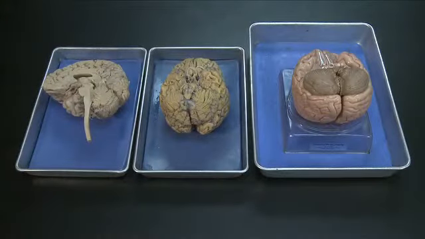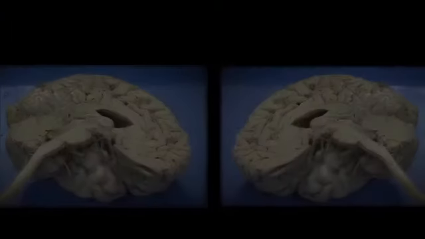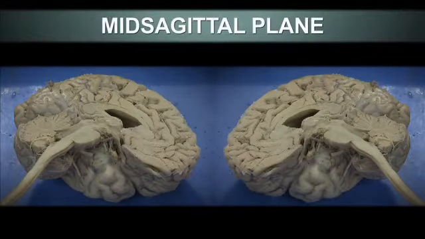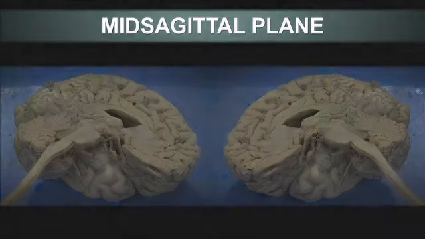Because during this video you will see the human brain cut in different ways, let's first review terminology used to explain the planes of sectioning. If you cut the brain into two equal right and left halves, that is the mid-sagittal plane as shown in this view. An unequal cut will result in sagittal or lateral sections.